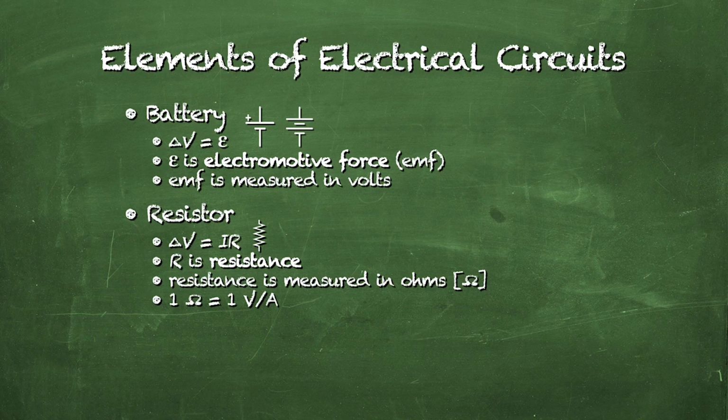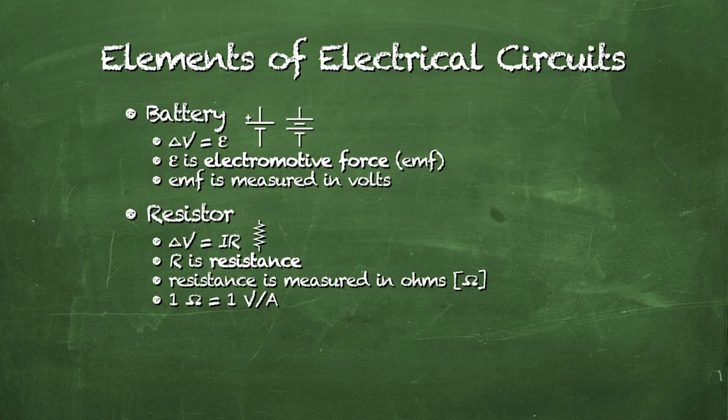And current flows from the high voltage end of the resistor to the low voltage end. Resistance is measured in units of ohms, which is symbolized by a capital Greek omega. And 1 ohm is equal to 1 volt divided by 1 ampere. That's what you need in order to make the units work out.